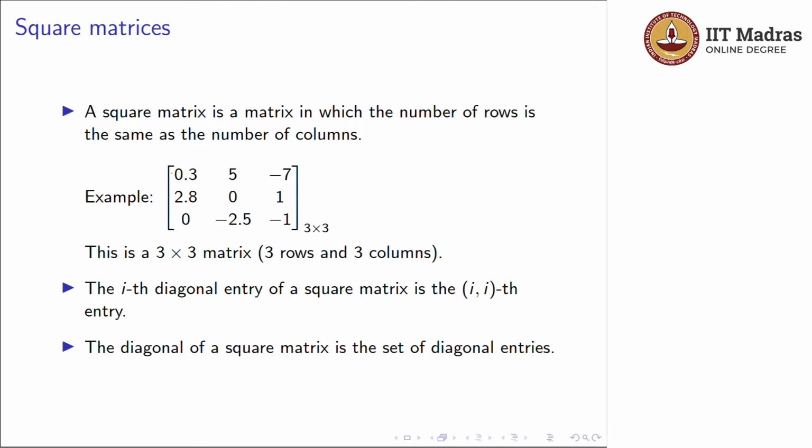So here's the set of diagonal entries, and within this is the first diagonal entry, this is the second diagonal entry, and this is the third diagonal entry. The diagonal entries are somewhat special because they occupy the ith position. So we generally talk about diagonals only for square matrices.